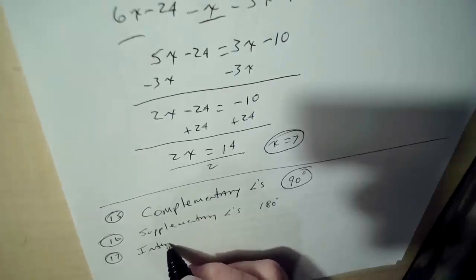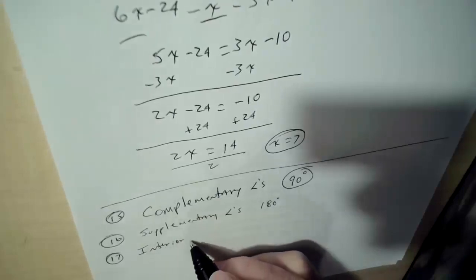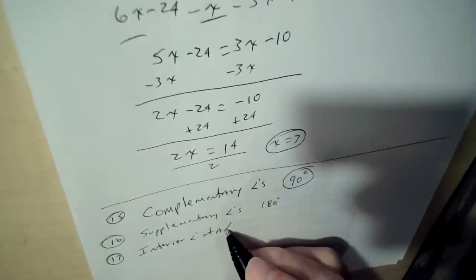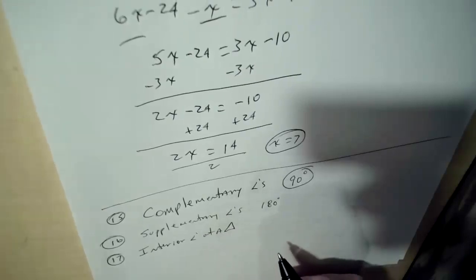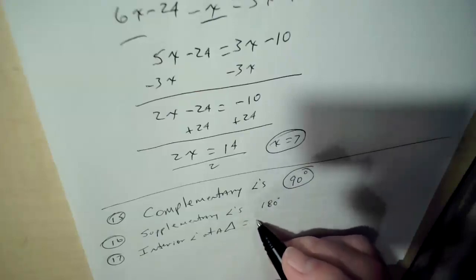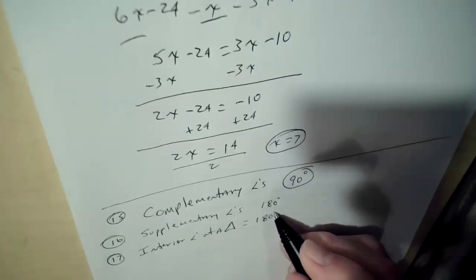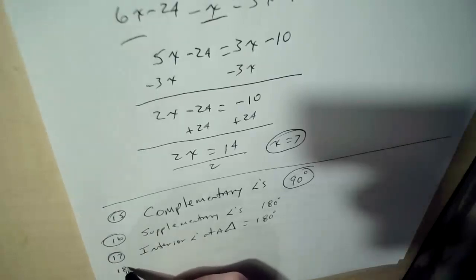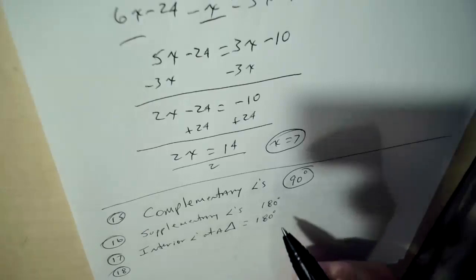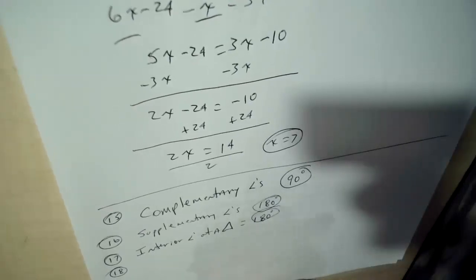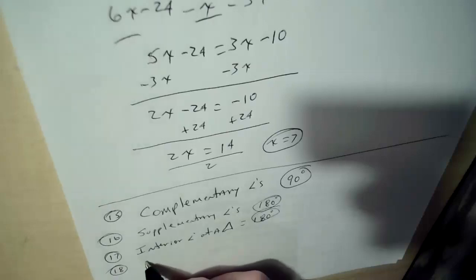17, the interior angles of a triangle. The interior angles of a triangle have how many degrees? 180. Number 18, now these are the exact answers. There wasn't any way I could change them.